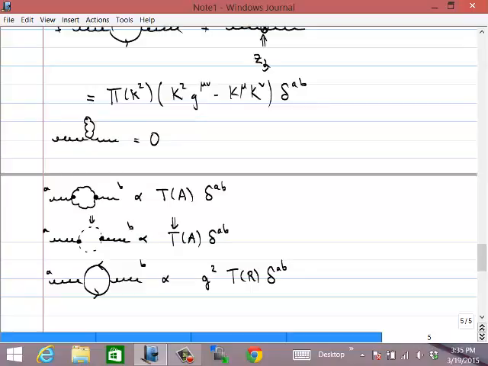If that's not clear, let's just go through it. You're going to get a T sub A coming from this vertex, a T sub B coming from this vertex, and then because you sum over all of the fermions running around in the loop, you have to take the trace over the i and j. You get a trace of T^A T^B, otherwise known as T of R times delta AB. And then there's one other factor that's missing. Remember, we have to sum over all the fermions running around the loop.